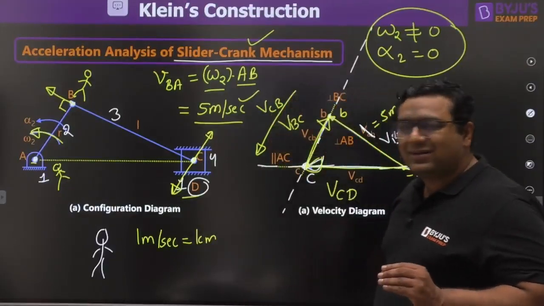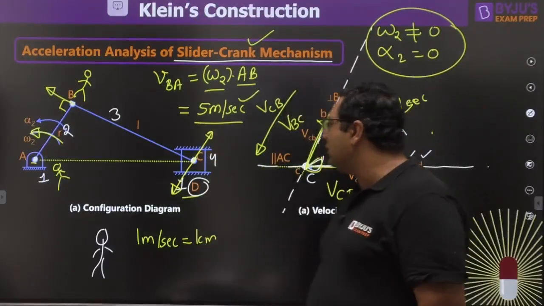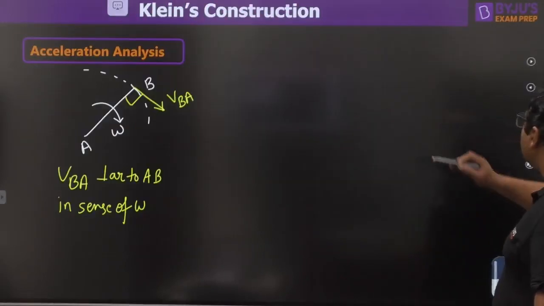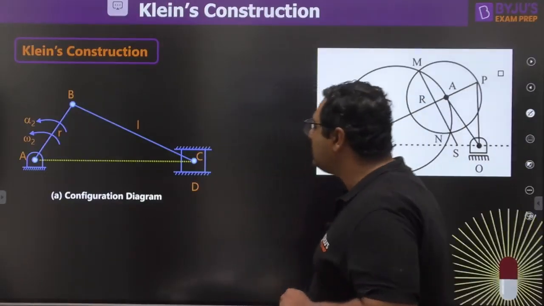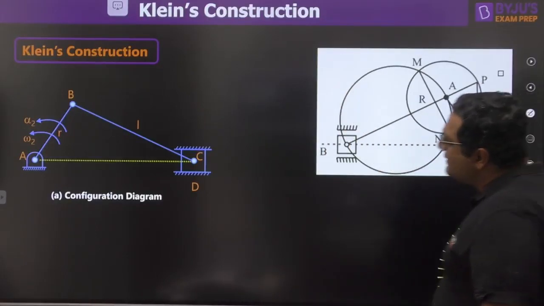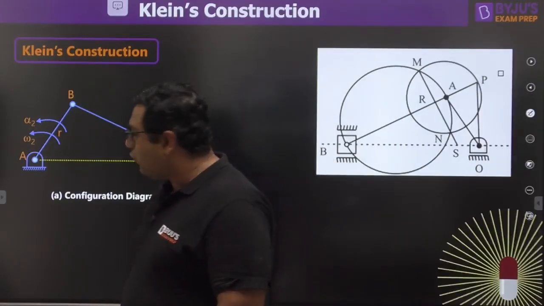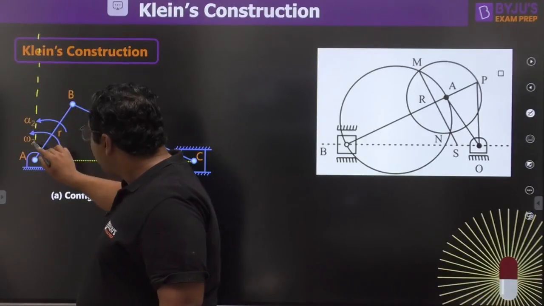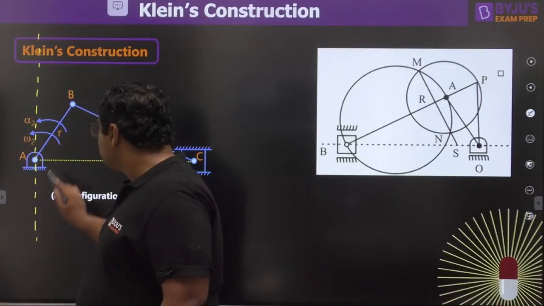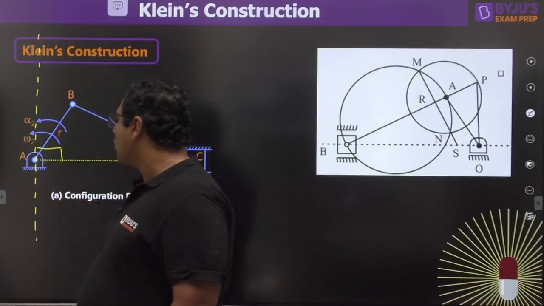Now my dear, what actually Klein's says, I am telling you that. Klein's says no need to do this much work, only do a small thing. What is that small thing? Klein's says that first of all, plot a perpendicular at A, which is perpendicular to the line of stroke.